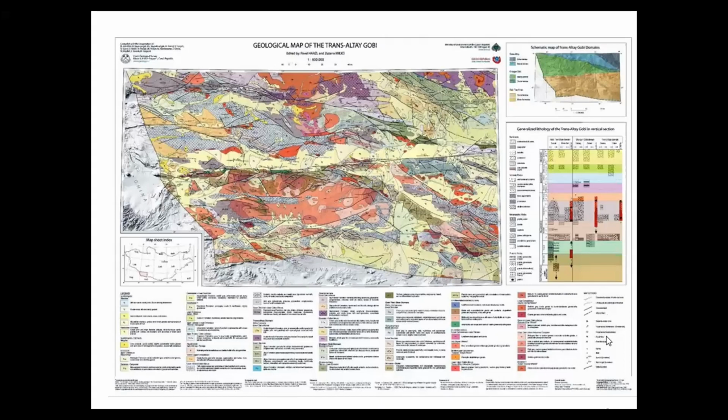Like when we discussed strike and dip, we said there is a special symbol to represent the strike and dip, and similarly there are different symbols here that indicate different types of structures in the area.